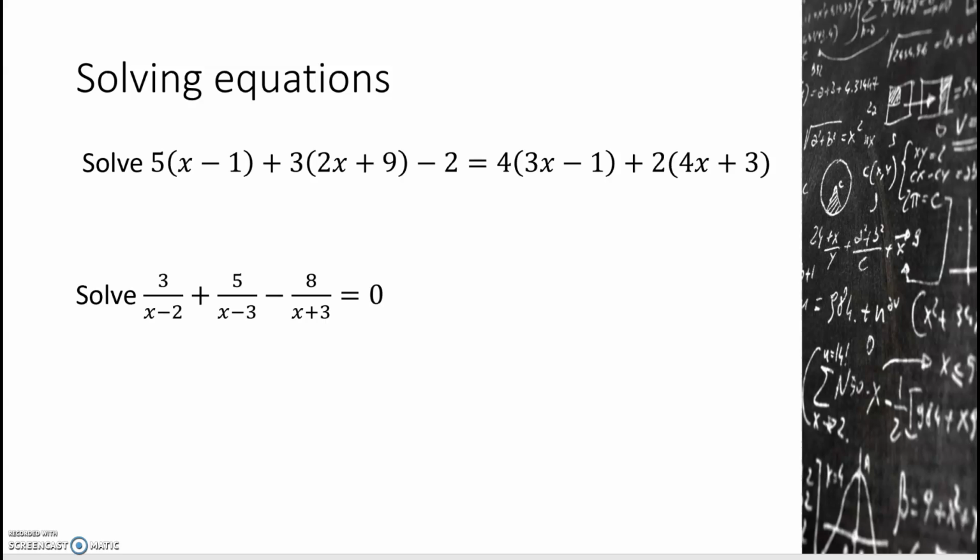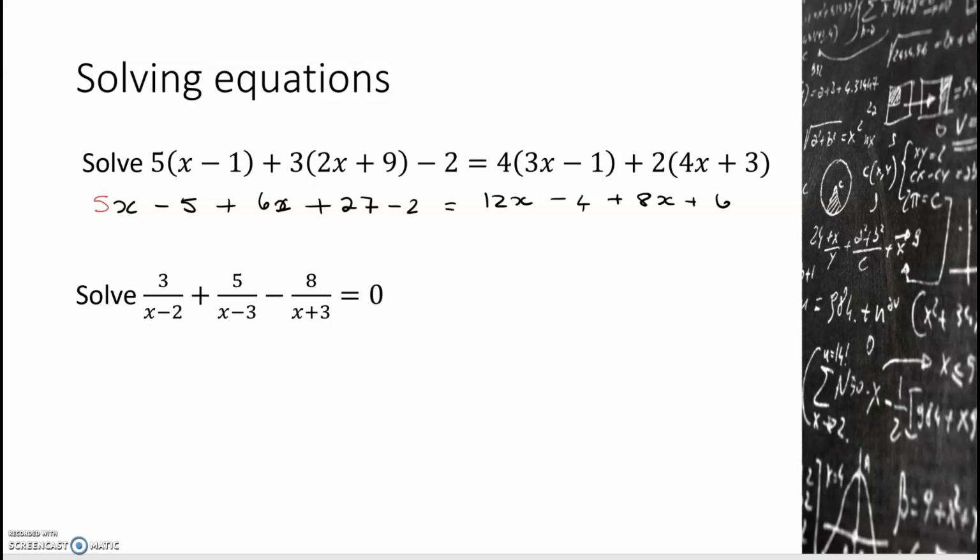More complicated ones, though. Get rid of your brackets first, always a good start. I'll change my colour back, sorry. 5x minus 5 plus 6x plus 27 minus 2 is equal to 12x minus 4 plus 8x plus 6.